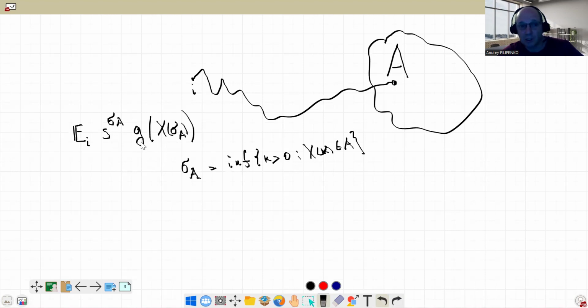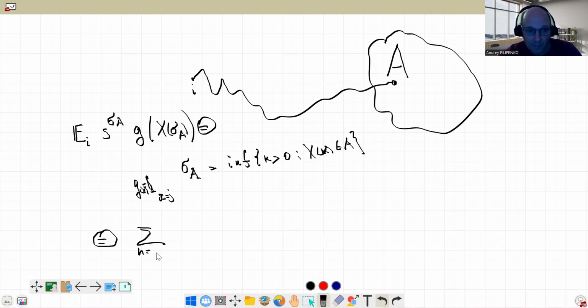For example, if G is an indicator, so if you know this, then you know the joint probability, the moment of hitting and the instant of hitting. And if G of X is equal to the indicator that X is J, then you calculate generating functions of sigma A given you enter set A, and when you enter, you jump into J. So what is this? This expectation is equal to the sum of probability times value.